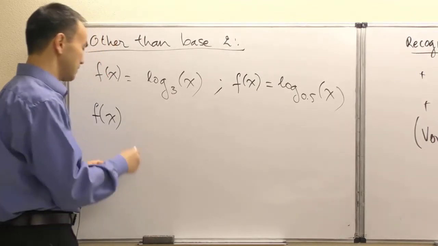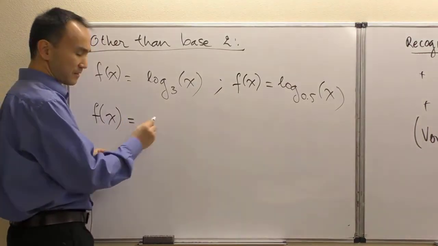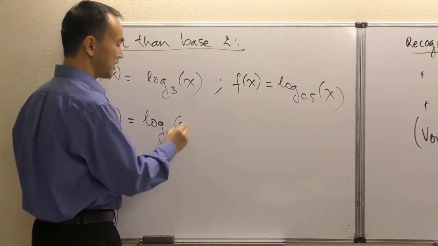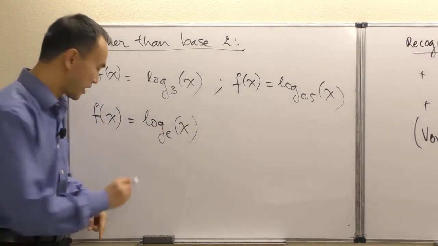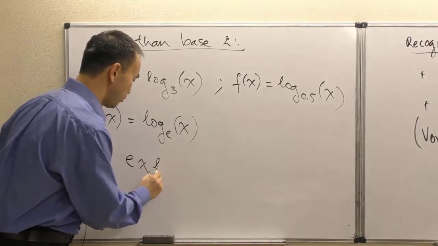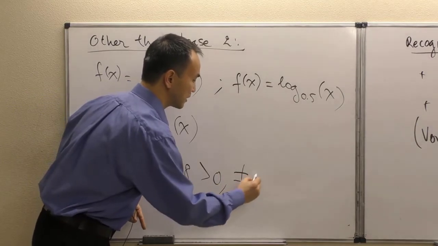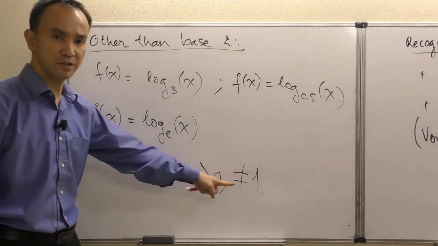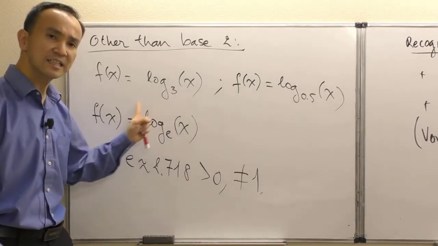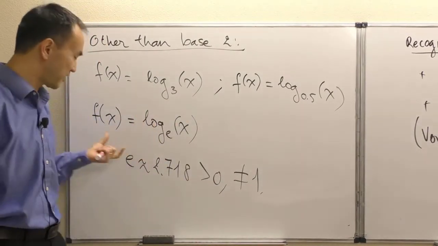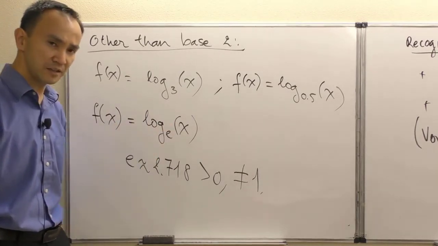So we can define the function f of x as log base e of x, because e, approximately 2.718, is positive and other than 1. That's why it's entirely legal to define a function where the rule states that we take log base e of an input x.